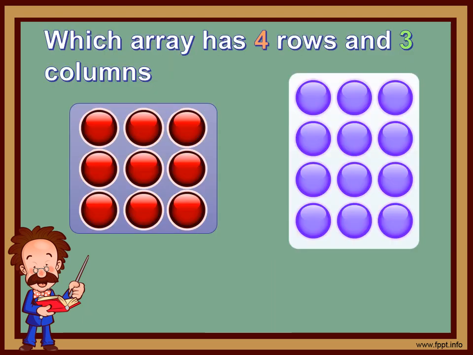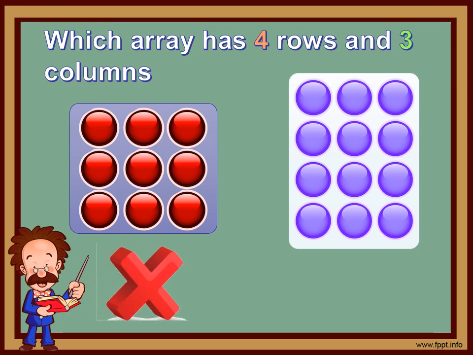What else did you take before? Now, which of these arrays has 4 rows and 3 columns? This has 3 columns, but it has 3 rows. Not this one. Is it this one? No, it's not this one.